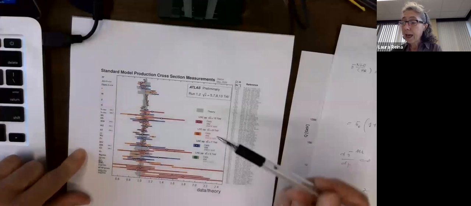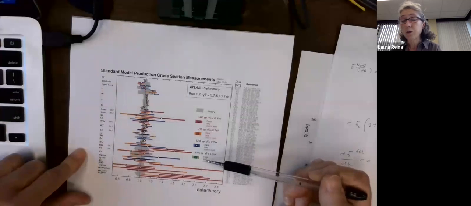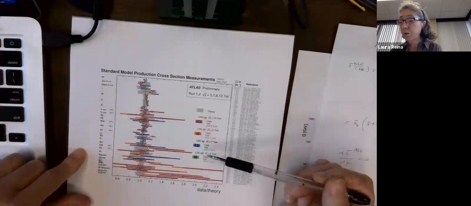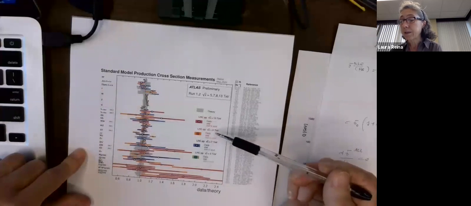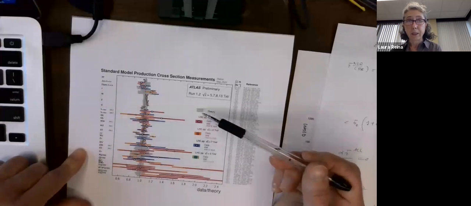It compares the LHC measurements, illustrated in different colors depending on which phase of the LHC they refer to, so the initial 5 TeV, and then the 7 TeV, the 8 TeV, and the 13 TeV, with theoretical predictions.